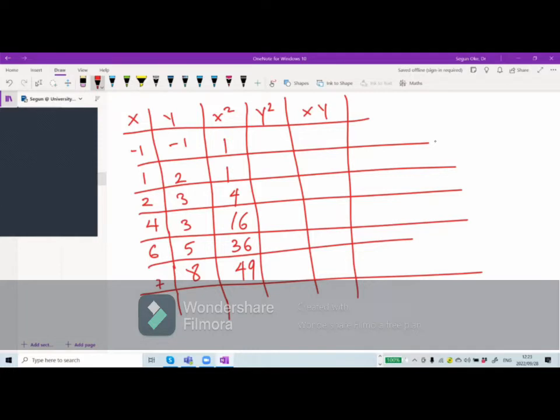So the sum is 107. Okay, let's do the Y squared too. 1, 4, 9. That is 2 multiplied by 2, 3 multiplied by 3. That's what we are doing. 9, 25, 64.